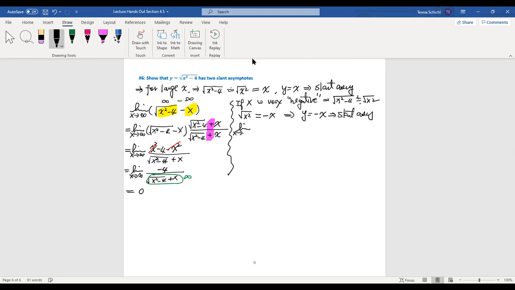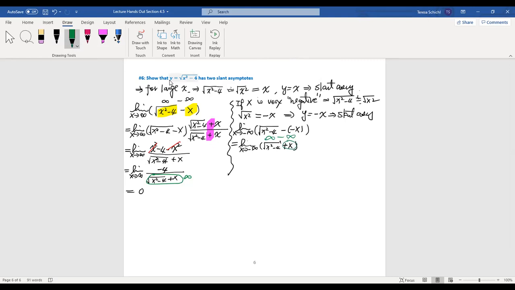So this is x approaching negative infinity of the square root of x squared minus 4 minus mx plus b, which equals the limit as x approaches negative infinity of the square root of x squared minus 4 plus x. Now if you put negative infinity in here, you will have infinity minus infinity, because x is negative infinity.